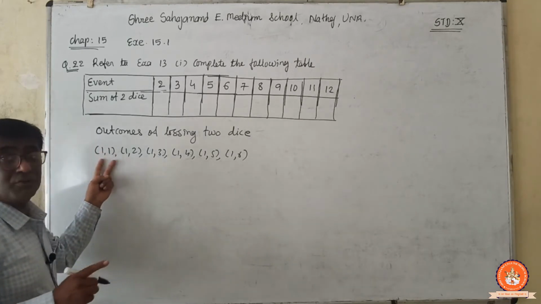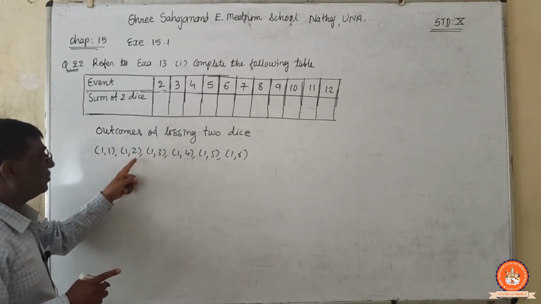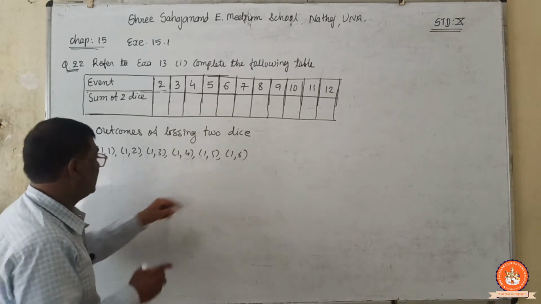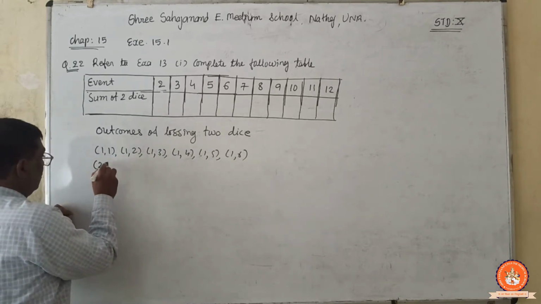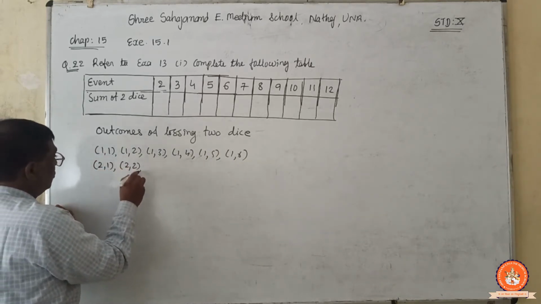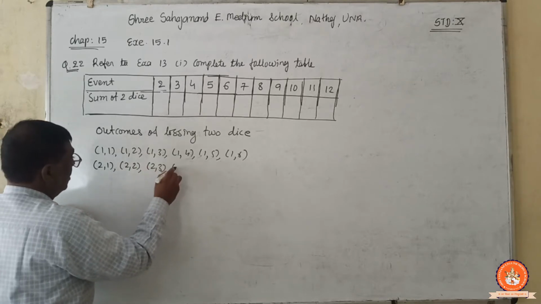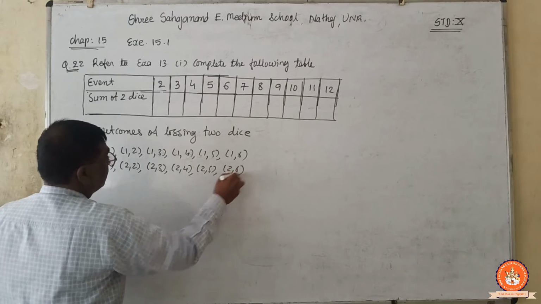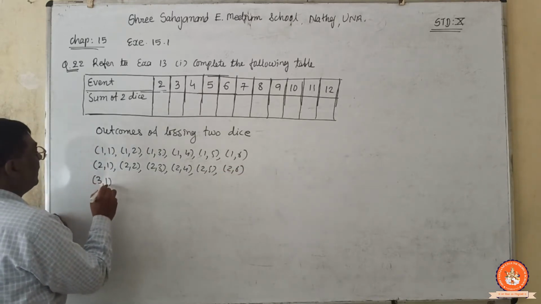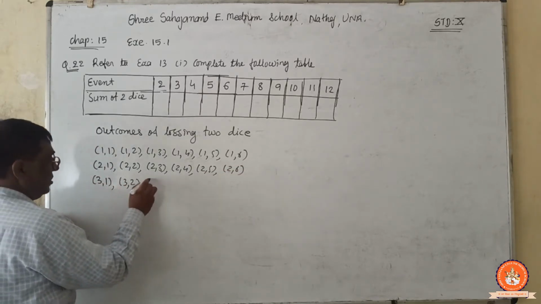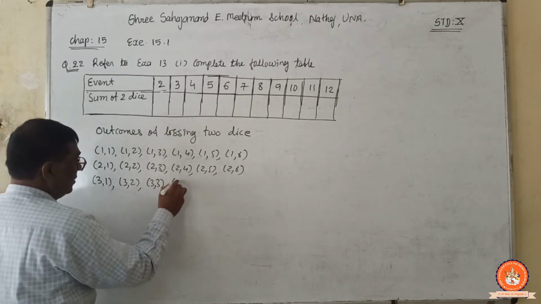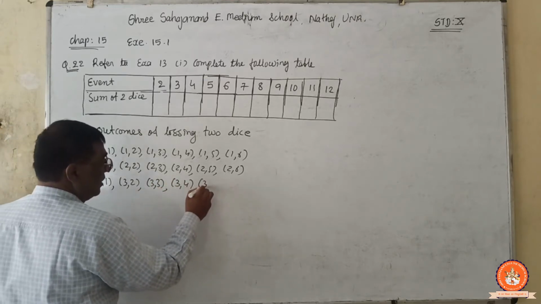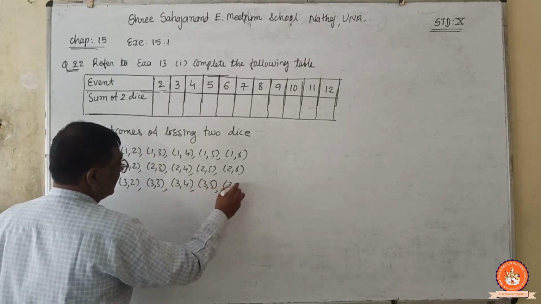So it is a combination of two numbers here. It's 1 1, 1 2, 1 3, 1 4, 1 5, 1 6. It's 2 1, 2 2, 2 3, 2 4, 2 5, 2 6. 3 1, 3 2, 3 3, 3 4, 3 5, 3 6.